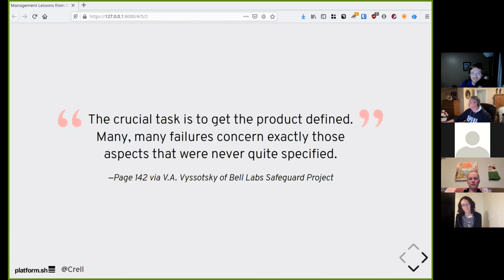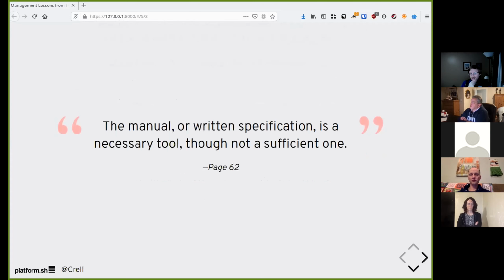The crucial task is to get the product defined. Many, many failures concerned exactly those aspects that were never quite specified. In short, if you don't know what you're building, you cannot possibly build it well. However, the written specification is a necessary tool, but not sufficient. The formal definition of what the system does is the code.